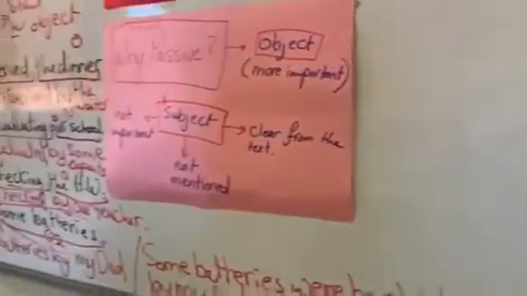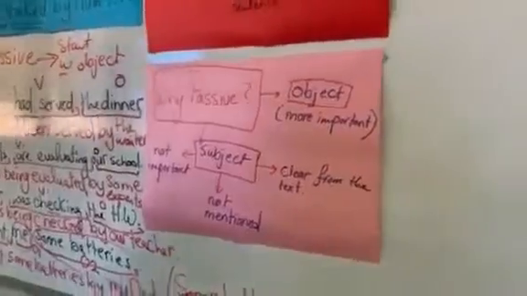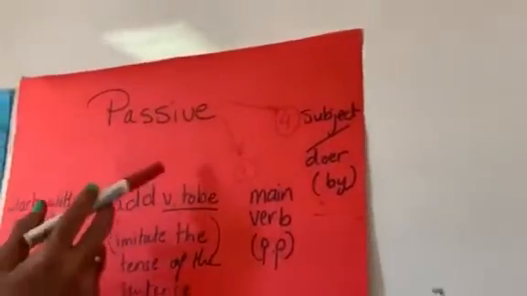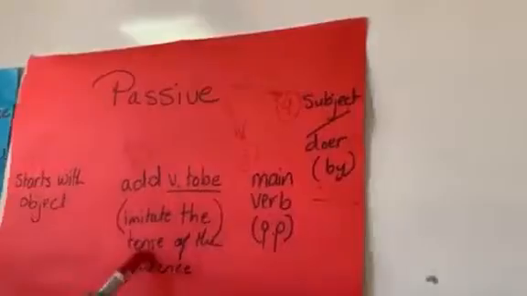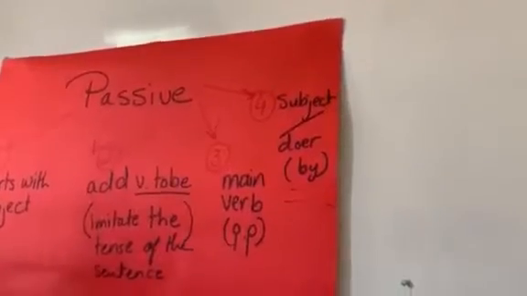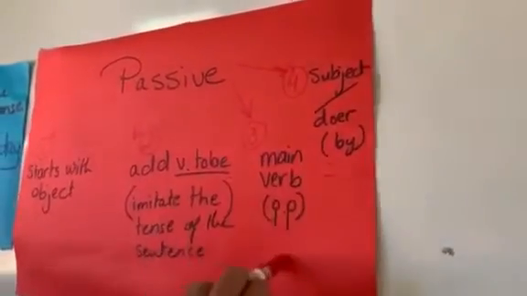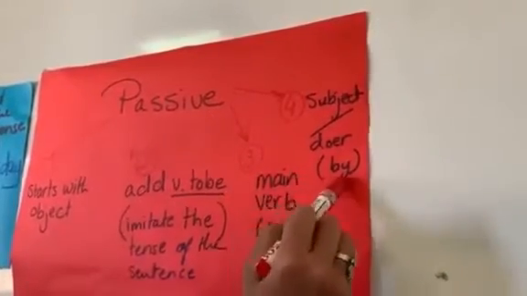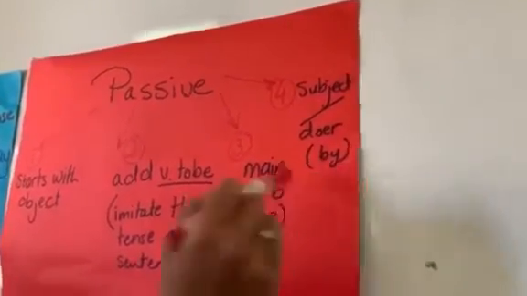Okay? Is this clear? Now, again, please remind yourself while answering the exercise of changing the active sentences into passive sentences, you're going to follow these 4 steps. You're going to start with the object, add verb to be imitating the tense of the sentence, write the main verb in the past participle, and then end with the subject introduced by the preposition by.